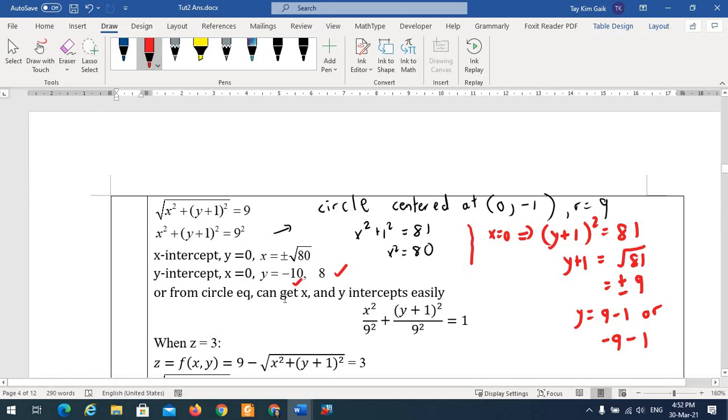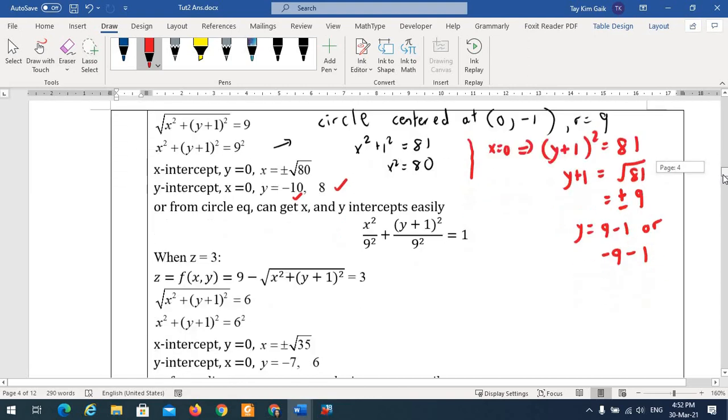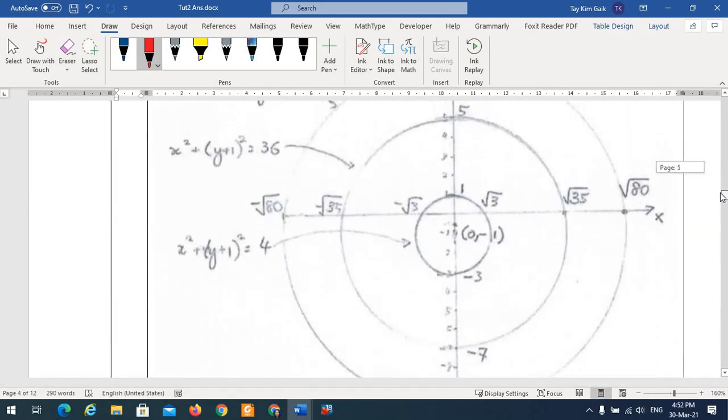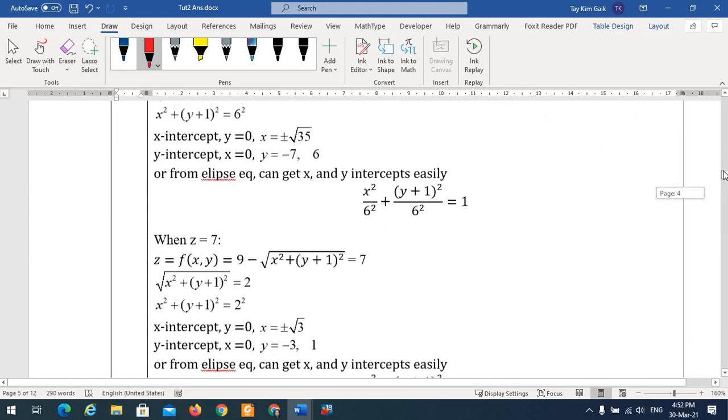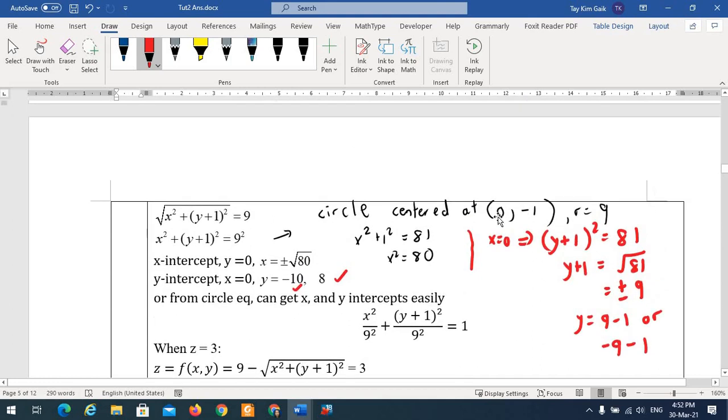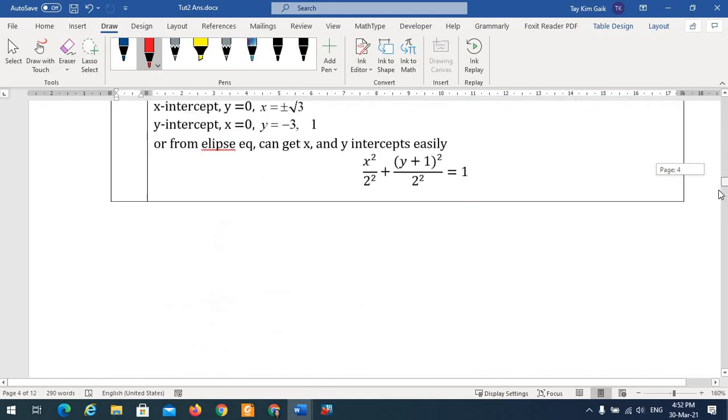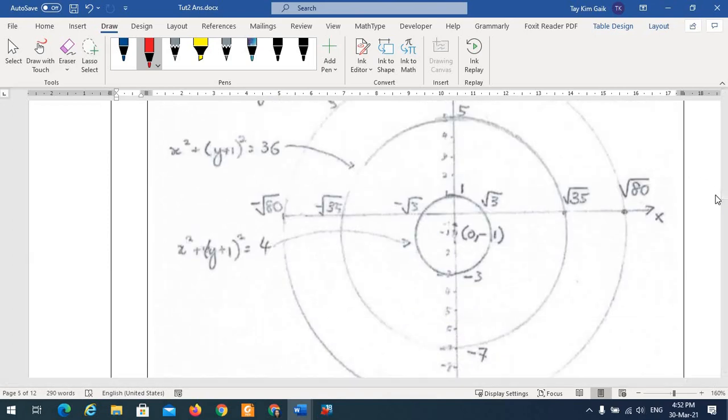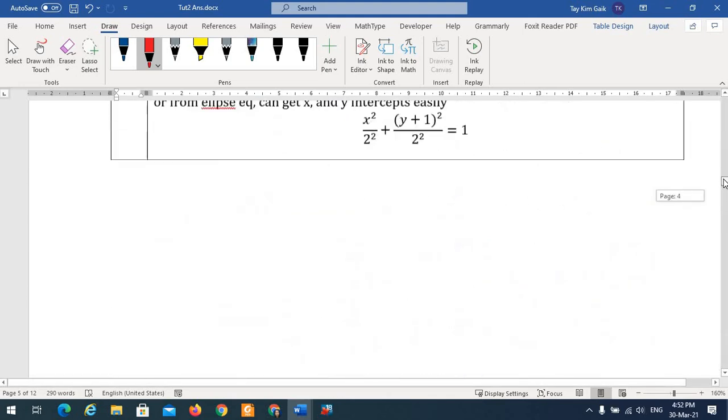So you have your circle, and if you want to sketch like just now, the circle is centered at 0 and negative 1 with radius 9, right?